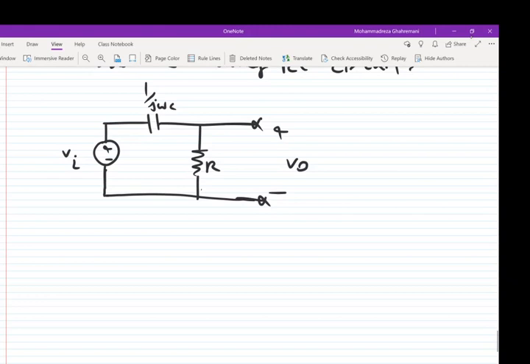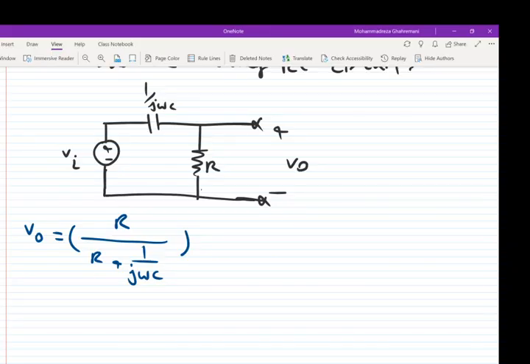We say VO, again voltage division. VO this time is equal to R over R plus 1 over j omega C, times VI.